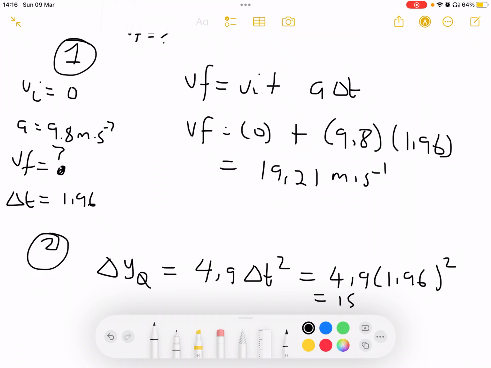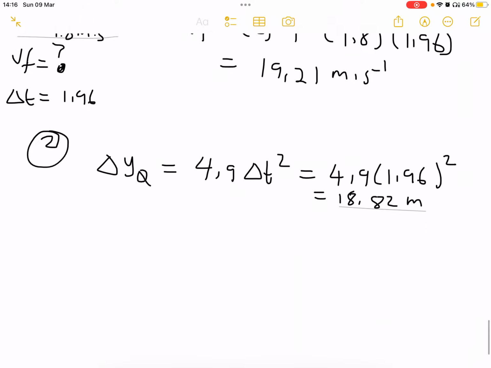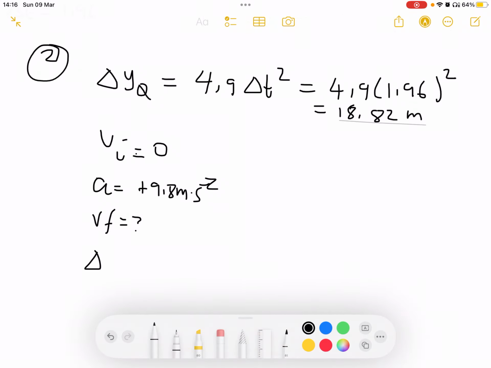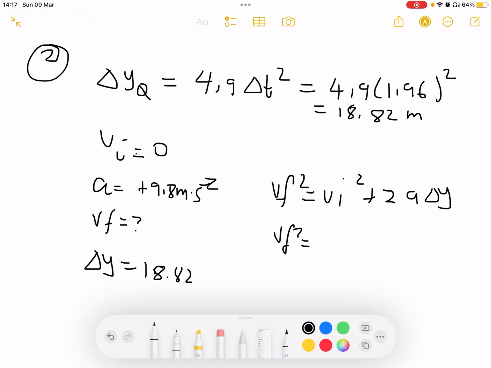And then we get that their height is 18.82, the height of building B. Therefore we'll be able to say V initial, dropped, is 0 meters per second, acceleration positive 9.8 meters per second squared, V final is what we're looking for, and delta y of Q is 18.82, so that we can use Vf squared is equal to Vi squared plus 2a delta y.